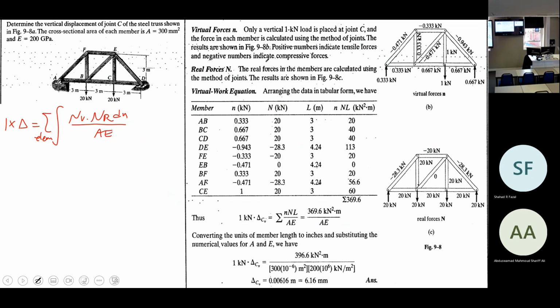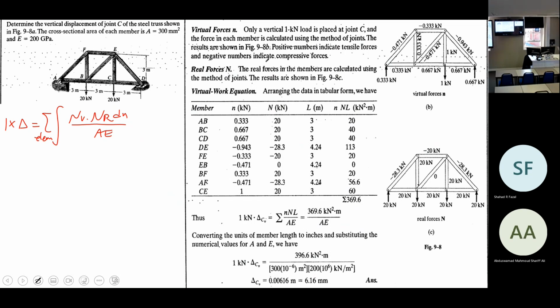But before I proceed with the example, I want to bring to light that in truss structures, always the N_V or N_R are constant along the length of an element, aren't they? Because in a truss structure, one element has either compression or tension inside it, and it's constant along the length. It doesn't vary, right?